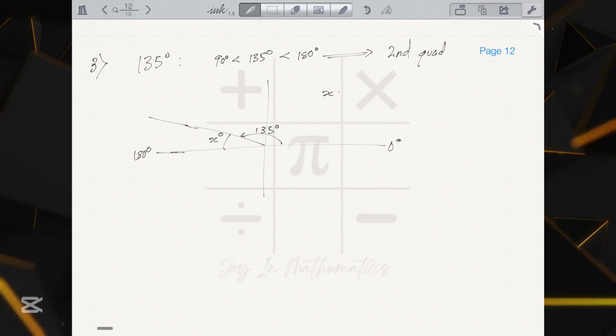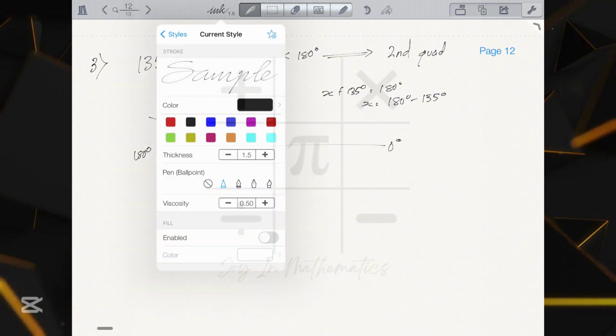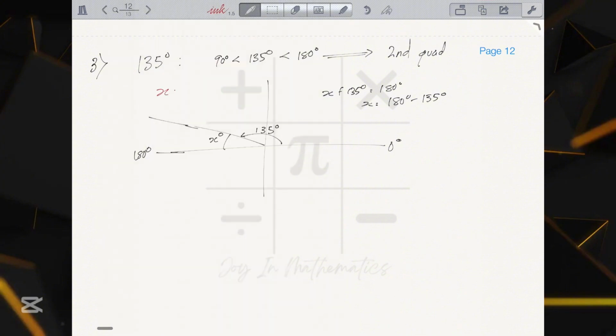So x plus 135 degrees is equal to 180 degrees, so x is 180 degrees minus 135 degrees. 135 degrees is the theta, which follows the formula x equals 180 degrees minus theta. So x is equal to 45 degrees.